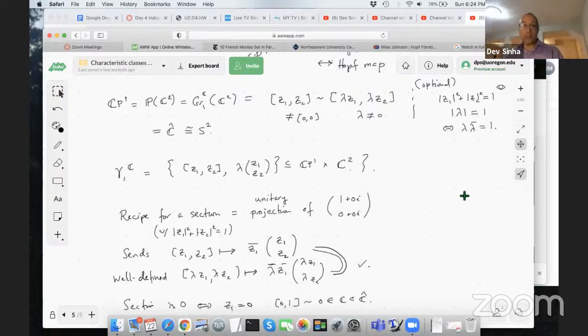We were projecting, by the way, this point here, its representative. Let's remember that 1, 0 is a point at infinity.